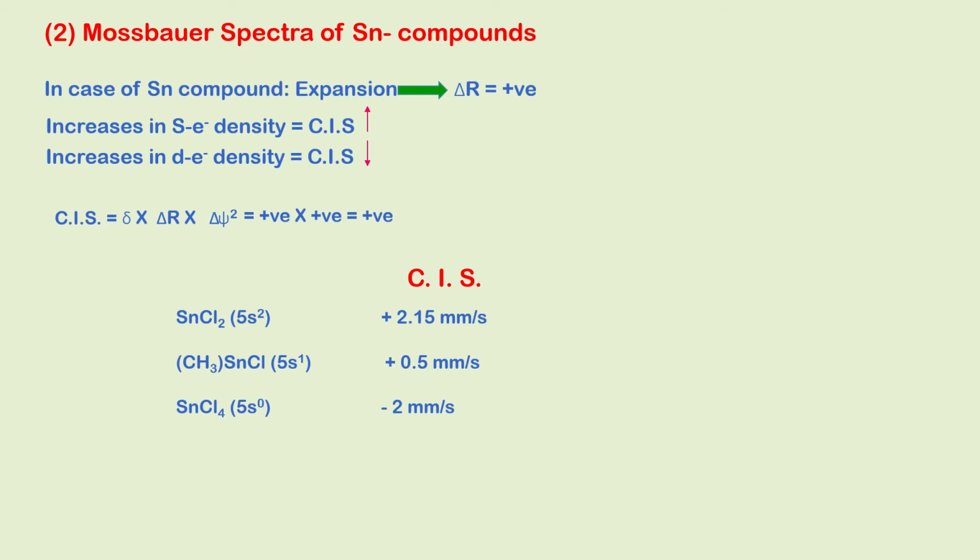So the value of CIS decreases. It can be understood by looking at the electronic structure of Sn plus 2. Here there are more electrons in the 5s2 orbital, and in case of Sn plus 4, 5s0.